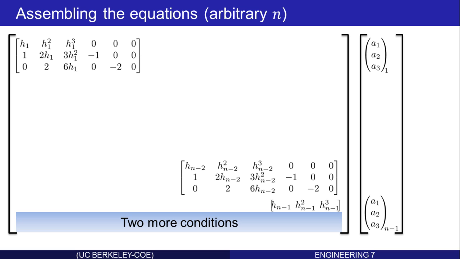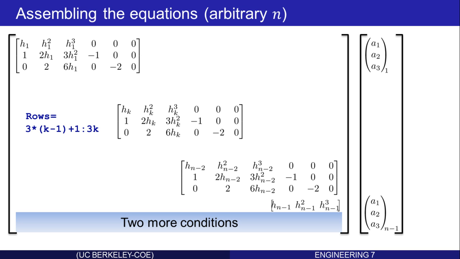The same 3 by 6 array would relate the first and second polynomial coefficients, and so on. Those 3 by 6 arrays would just be dropped in their appropriate location. Let's think about where the kth such array goes. Remember that each array takes up 3 rows, and they do not overlap.